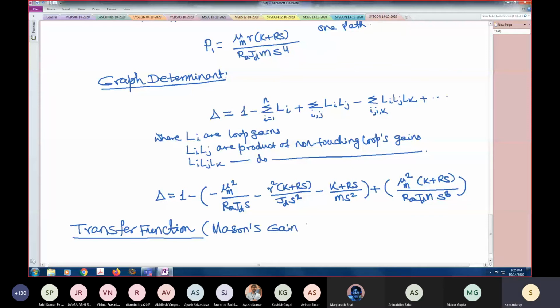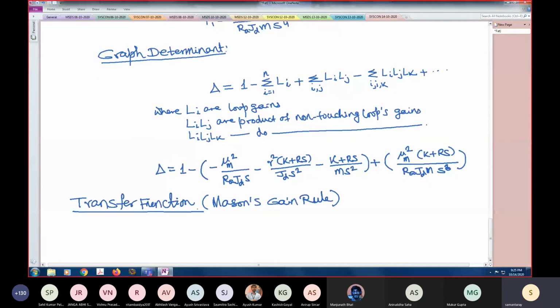The rule is like this. The transfer function G(s) is equal to sigma P_i delta_i, by delta. This is the transfer function.